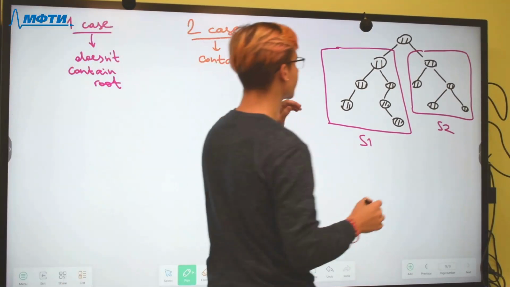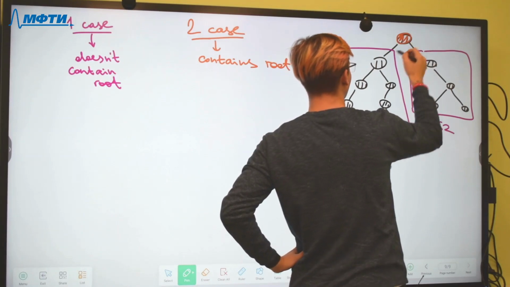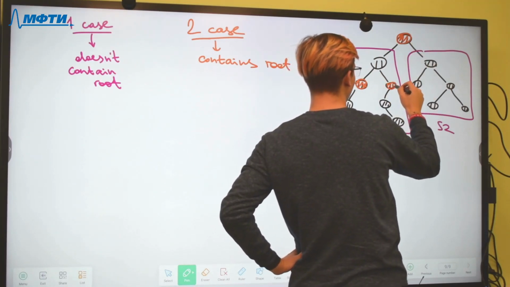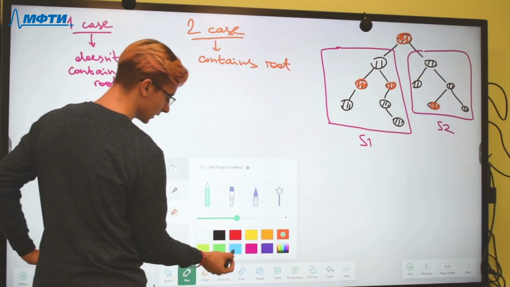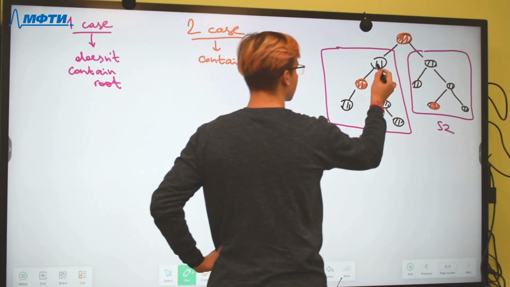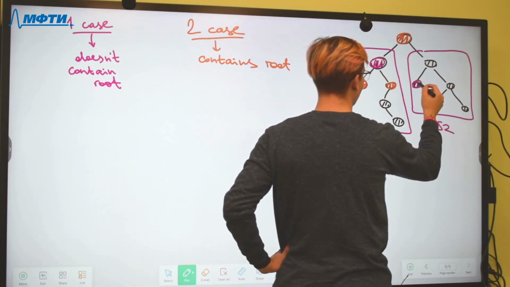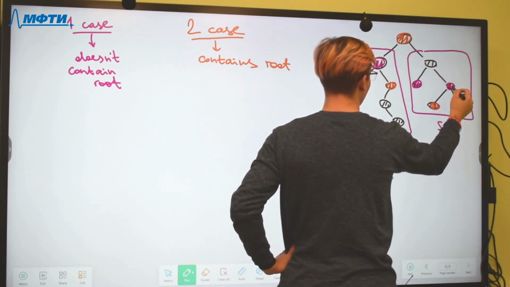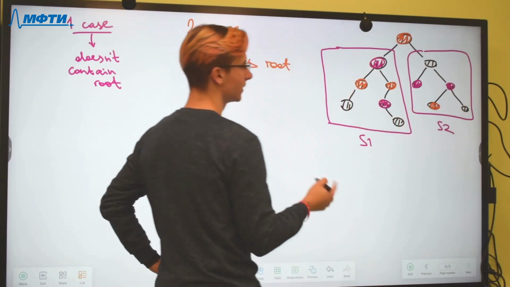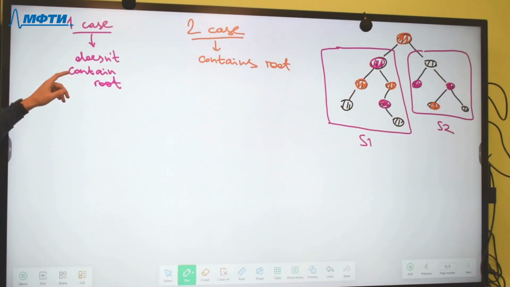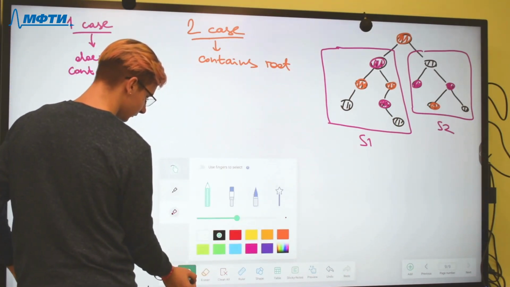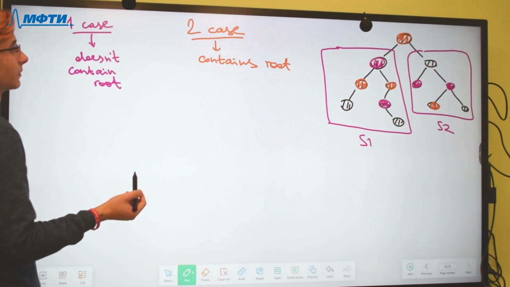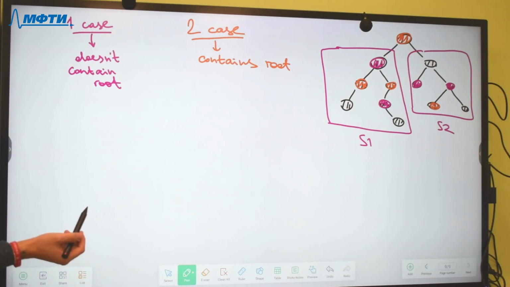For example, for this tree, I can find this independent set as the independent set that contains the root, and this independent set is the first case. So we add two arrays.